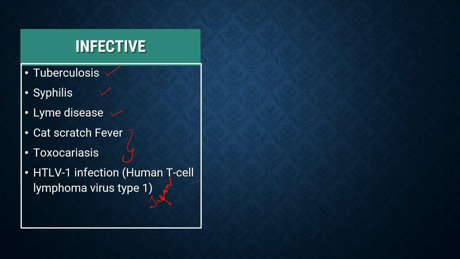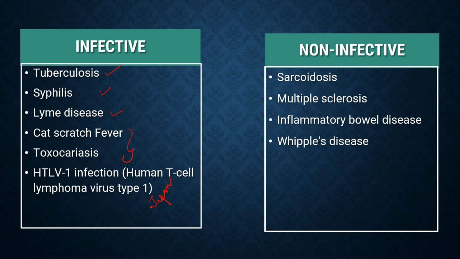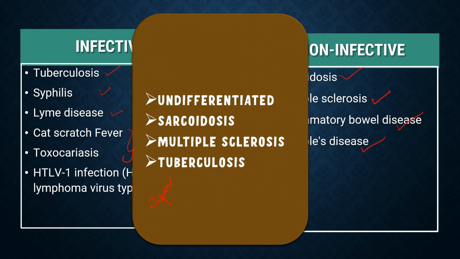Then we have non-infective causes of intermediate uveitis, where I want you to remember the first three causes. We have sarcoidosis, then multiple sclerosis, and inflammatory bowel disease like Crohn's disease and ulcerative colitis, and of course Whipple's disease. Now, what if we want to further simplify this etiological classification?